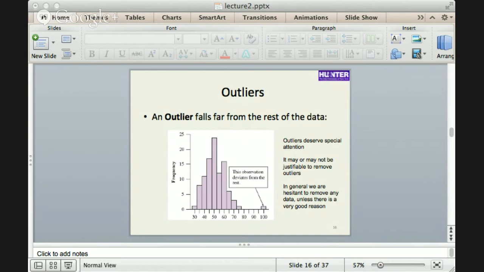All right. Mode. I don't use mode too often, but it is, I guess, occasionally useful as a description of a categorical data set. It's just the most frequent category.